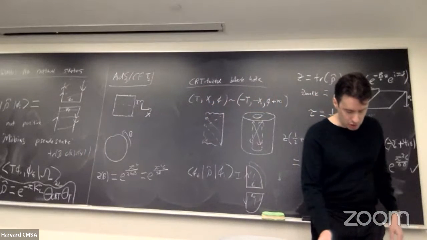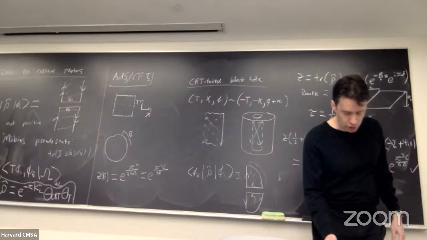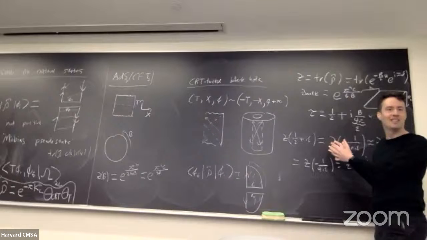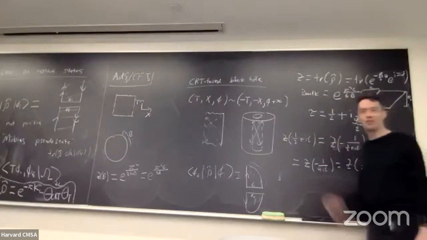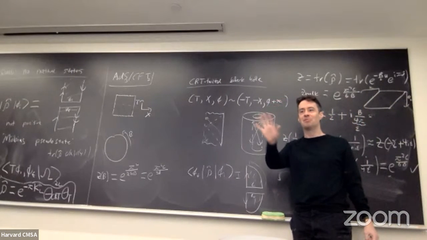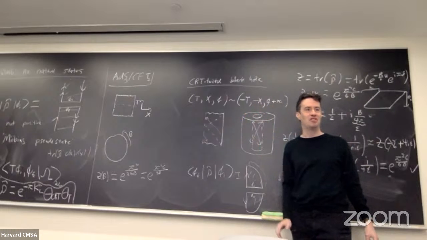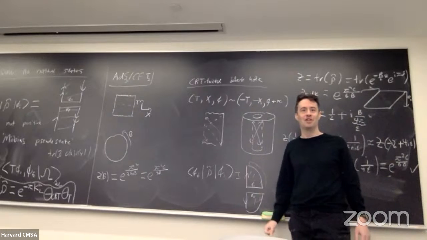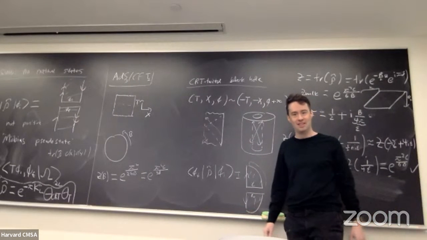Now, I just want to mention in words, you could complain, come on, Daniel, this is a Euclidean calculation, and this whole issue of whether things are time-orientable or not is a Lorentzian issue. In the end here, I just ended up with a torus, a fine solid torus, an orientable geometry.